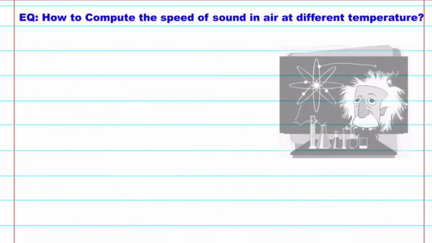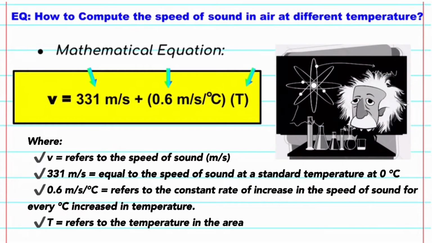Now, let us try to recheck mathematically if really the answer is A, Puerto Galera, Philippines.